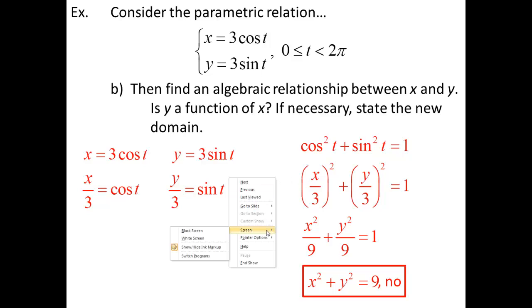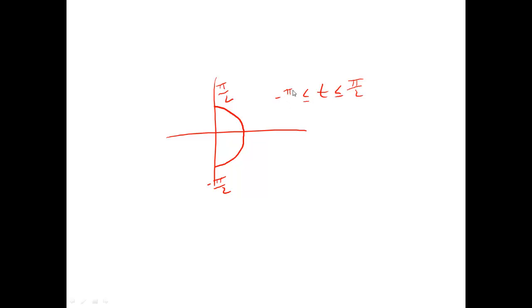Now, think about it on the other hand. Had I given a slightly different example, for instance, a circle which only graphed, let's say, the right side, from negative pi over 2 to positive pi over 2, so if I had given you the same circle but only given you the t interval from negative pi over 2 to positive pi over 2, this would have only given me a domain of 0 to 3, yet the implied domain would have been negative 3 to 3.